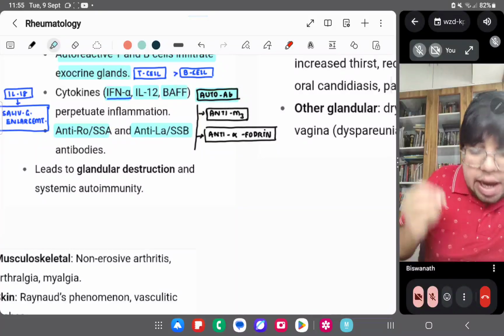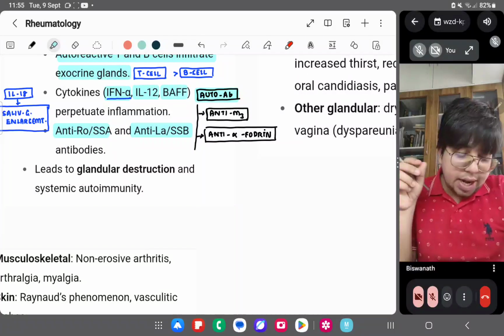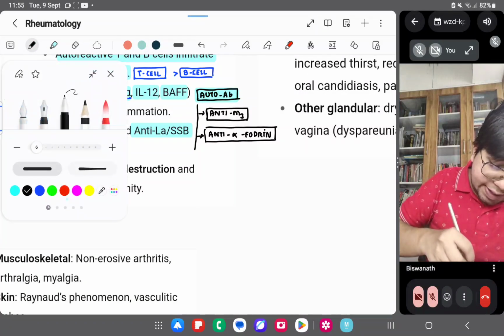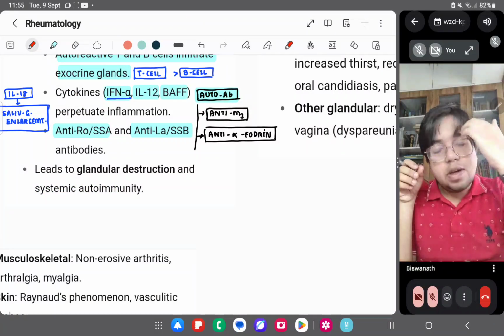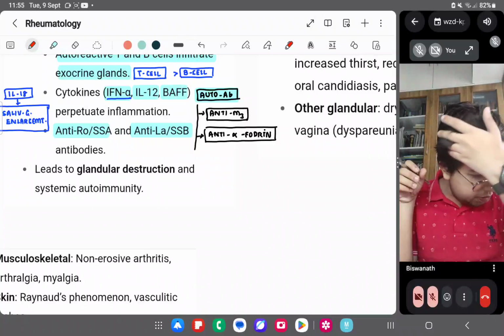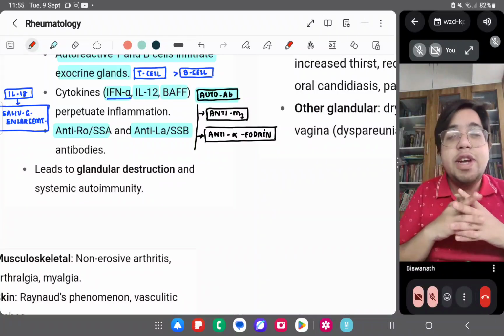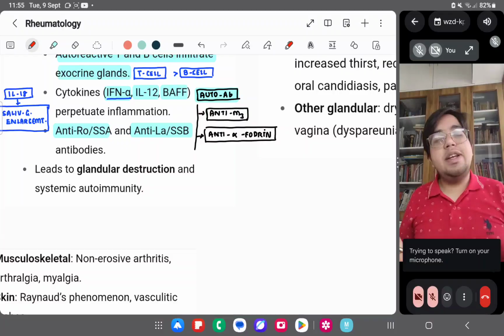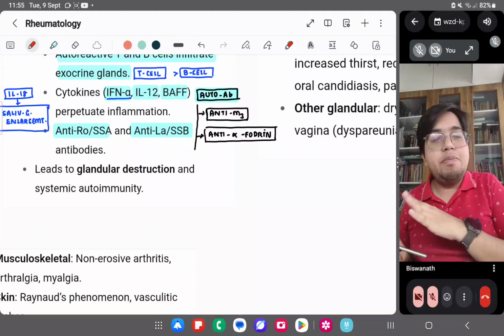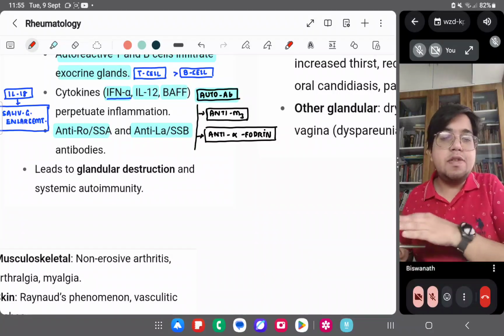Anti-Ro and anti-La antibodies are positive in this case. Previously we thought that these are used for diagnosis. No. If anti-Ro and anti-La are present, there is only around a 5% chance of transmitting.